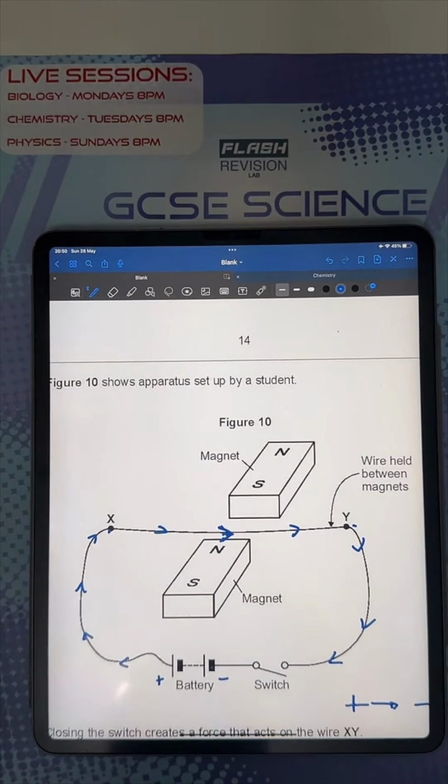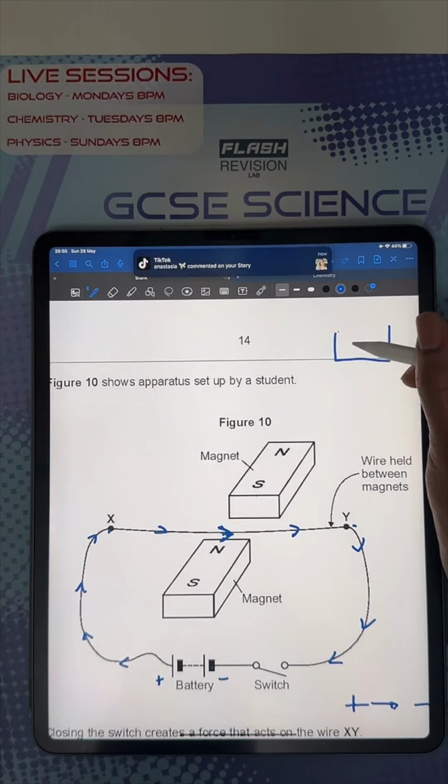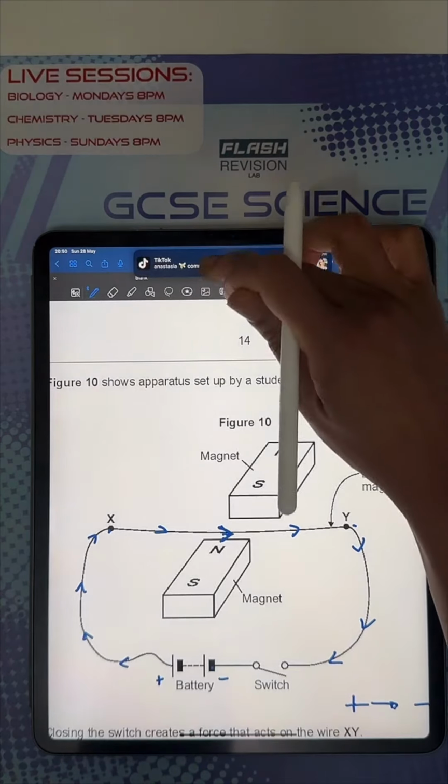What direction is the field going in? What direction do magnetic fields usually go? They always go from north to south, yeah.